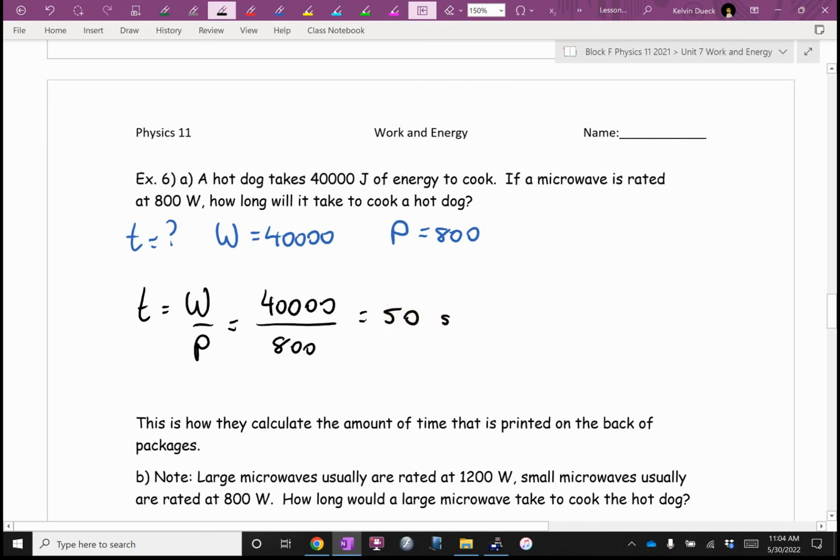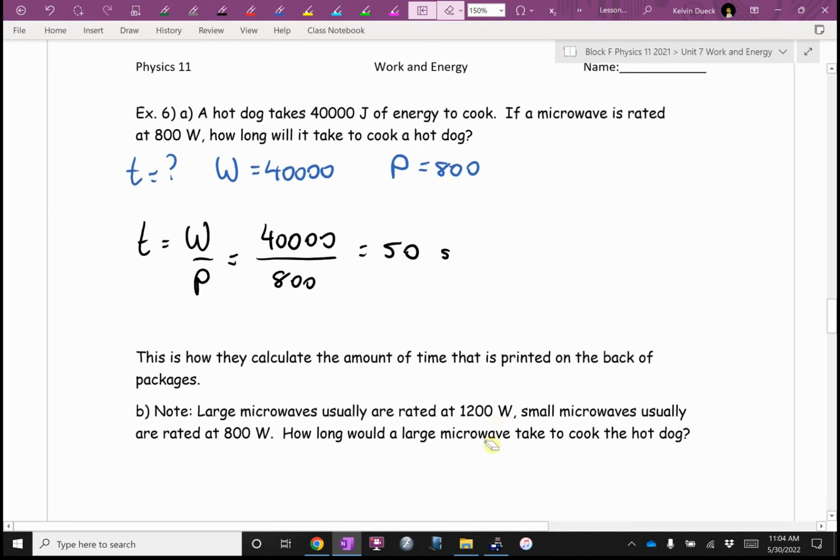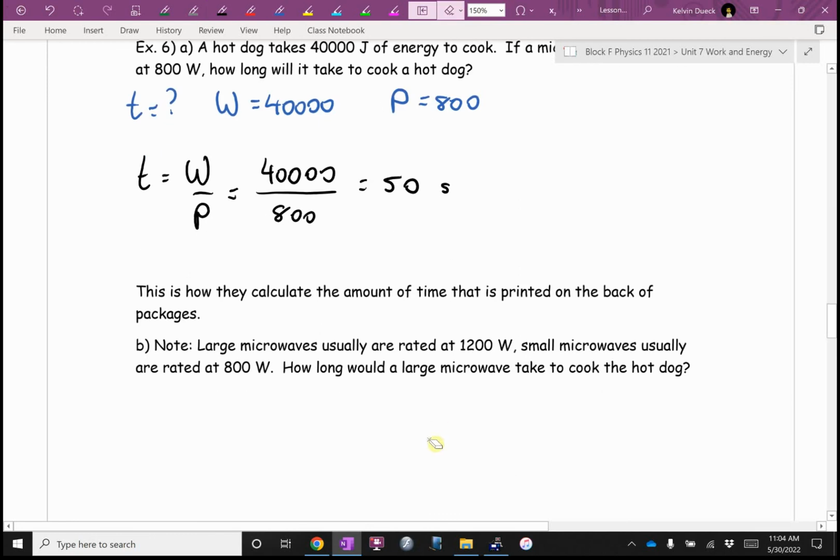50 seconds. Well, microwaves kind of come in two varieties. There's the smaller ones you may have seen. Those are typically around 800 watts. Then there's the larger ones, usually around 1.2 kilowatts or 1200 watts. How long would a large microwave take to cook this hot dog? Well, time is still going to be work over power.